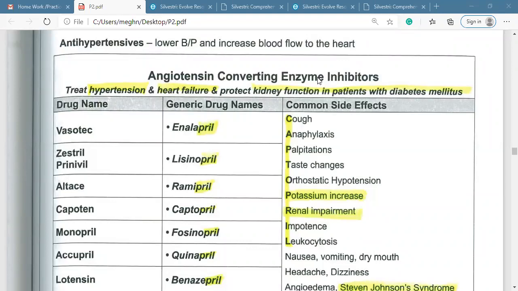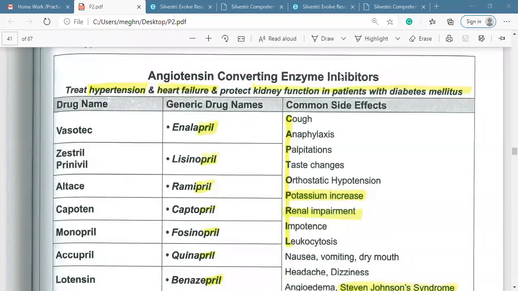This enzyme basically stops the formation of more fluid in the body and reduces the blood pressure, right? If you analyze this name, inhibitor means the medication inhibits something, right? So what do they inhibit?